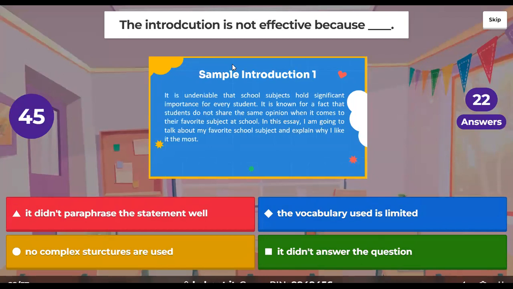Yeah, very good. Abrar, no answer, he said. I don't know why. You have to read them carefully. This is very important for you guys. This is the only way you can assess your introductions.